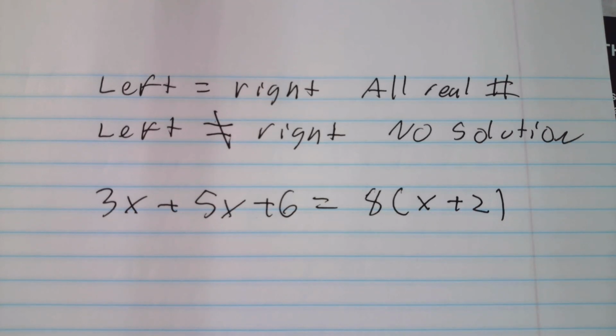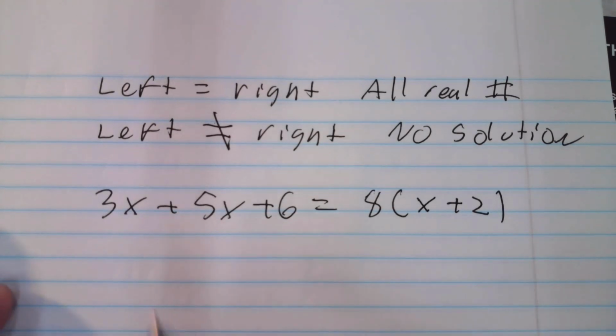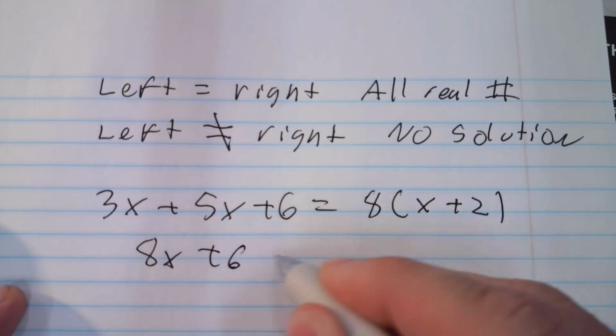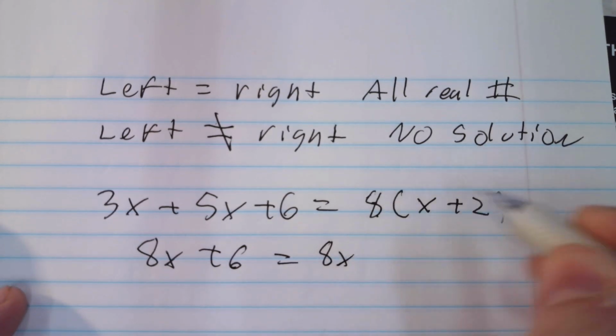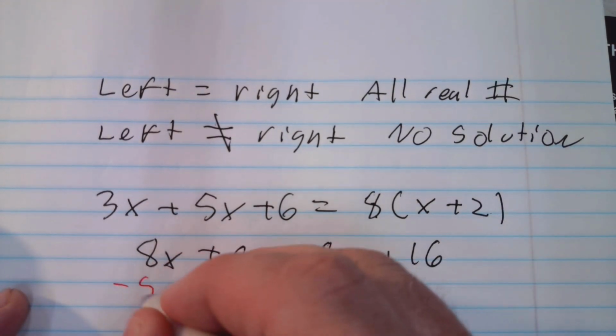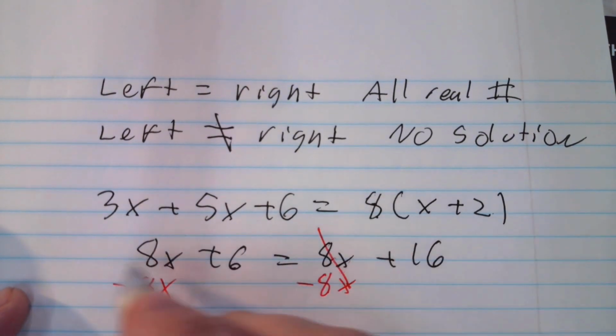Okay, see if you can work this out. It's going to break. If it doesn't break, you did it wrong. First, probably you need to simplify the left, then simplify the right, and then start solving. 3x and 5x is 8x. 8 times 2 is 16. 8 and negative 8 cancel.